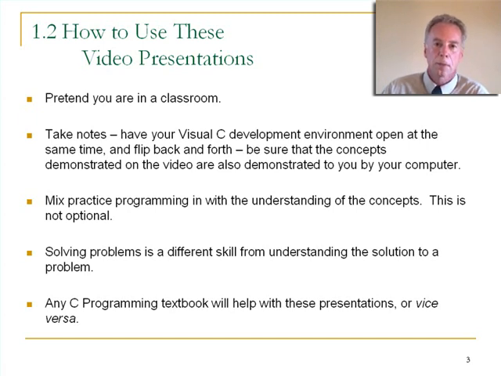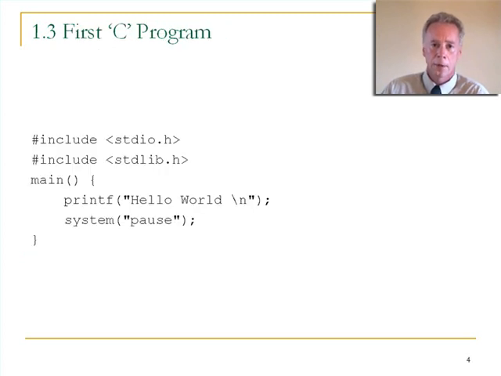So as I promised, we're going to start programming right away. And here is the first C program that we're going to enter into the development environment. All it does is print out hello world, and you'll get used to all of the syntax, which is how to write the language, the braces and the parentheses, and also in this first example, the mechanism for creating a C project, entering a C program, and running it.